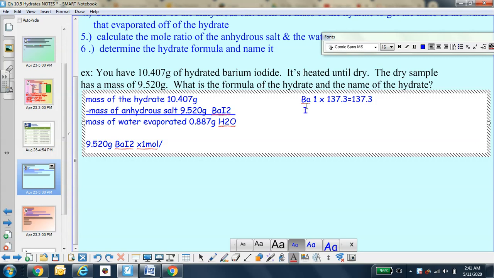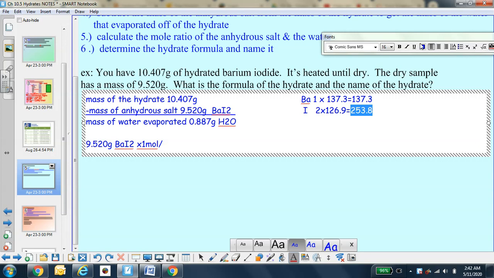For iodine, we have 2. And the mass of iodine is 126.9. And that multiplied by 2 is 253.8.